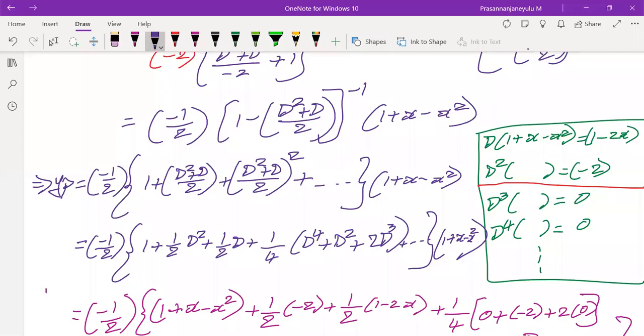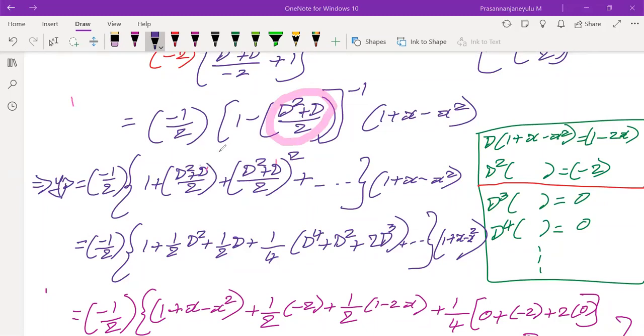But if you want the clear explanation of why we have to take only up to order 2, I am explaining that further here. In this x, the least power of D is 1. So here it is also 1, here it is also 1.